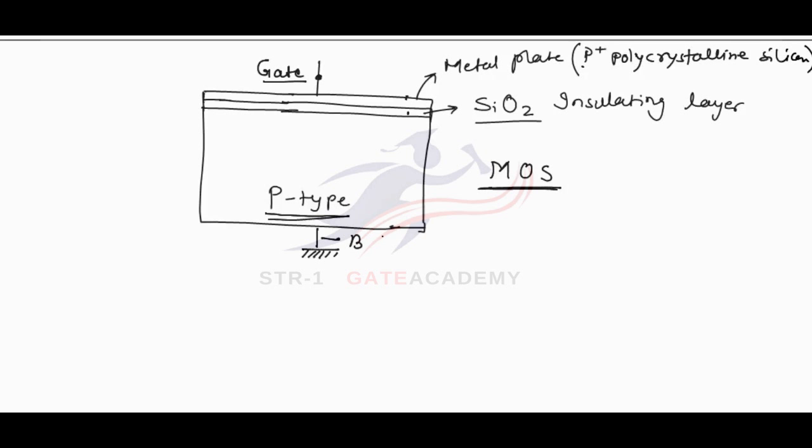Now we will see the operating modes of this MOS capacitor, which will later be used in MOSFETs. Depending on the voltage at the gate terminal, that is voltage VG, a MOS capacitor operates in 3 different modes. Number 1 is accumulation mode.